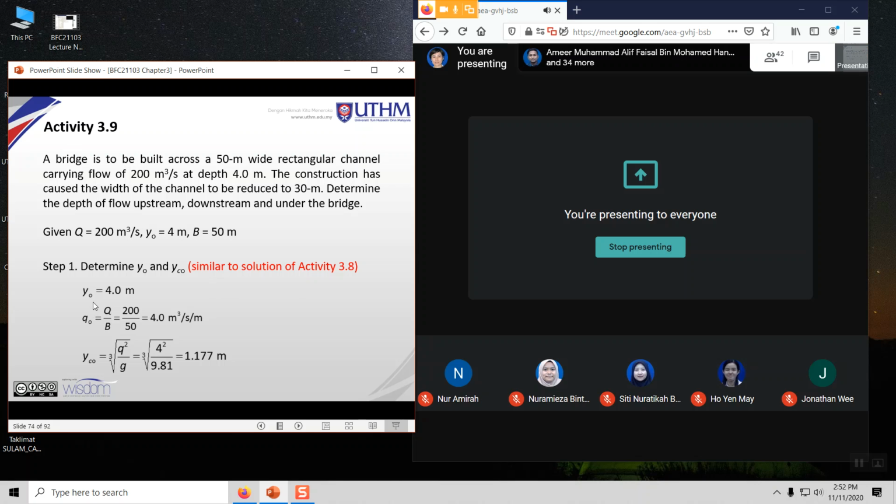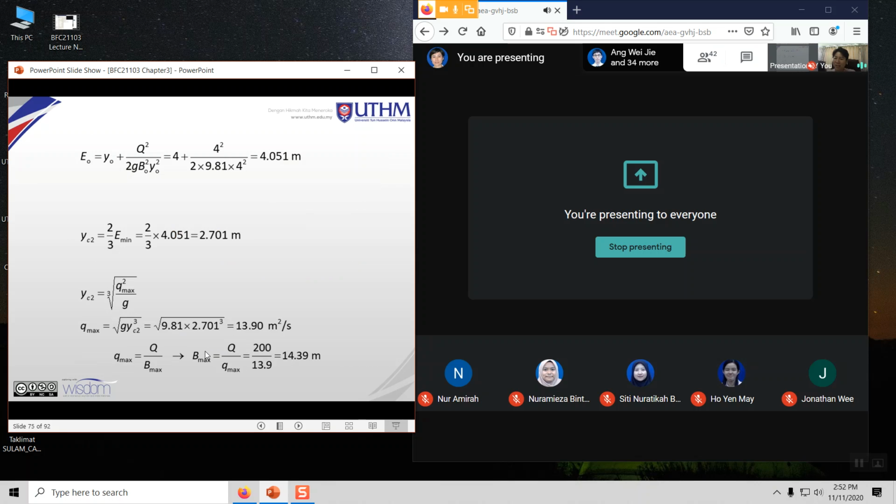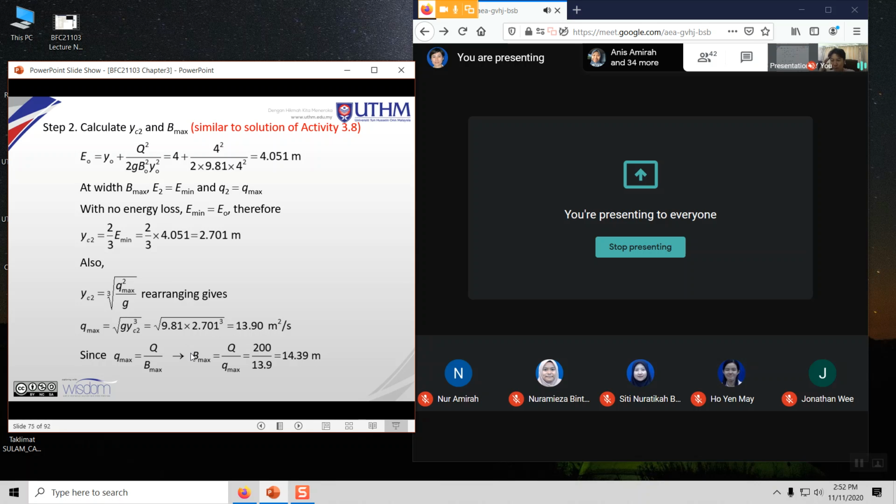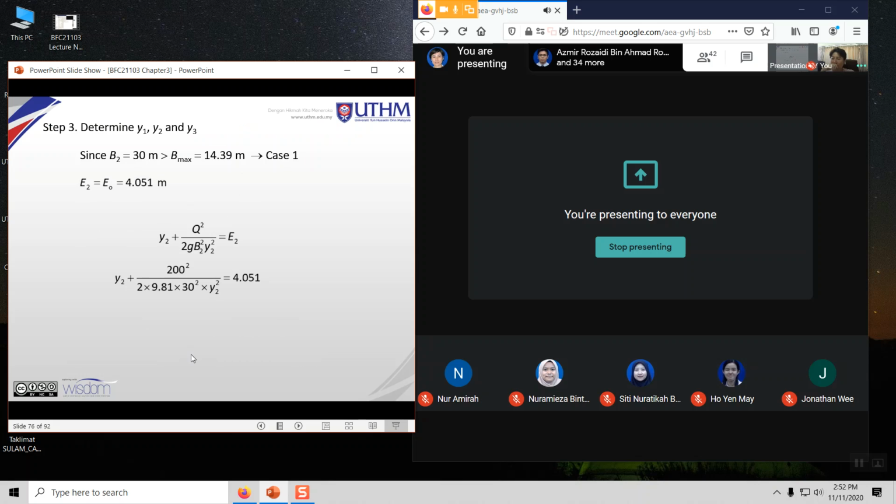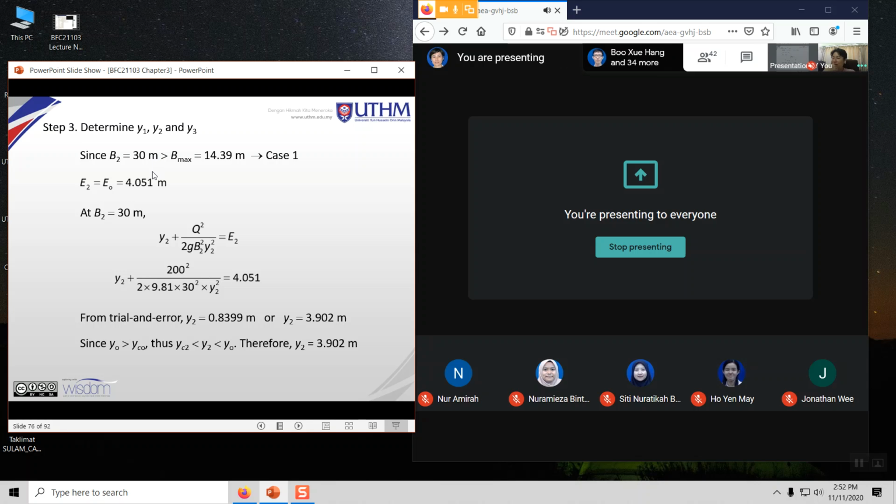So actually, for step 1, we have done it in activity 3.8. So I'm going to skip this. This one also, similar. We have done this. I just copy this again. Now, since B2 is 30 meter, greater than B max 14.39, we expect this to be case 1.